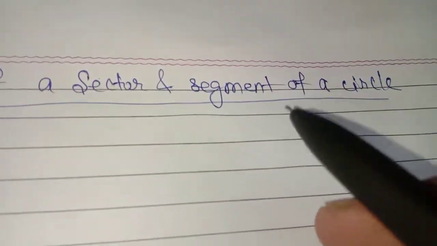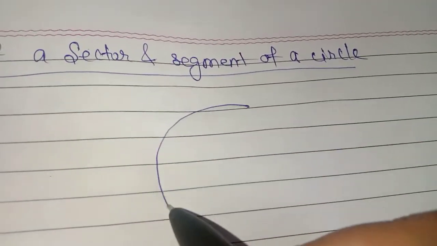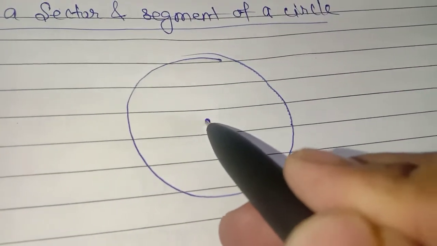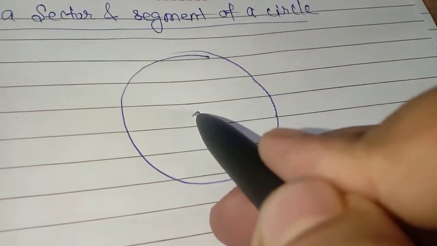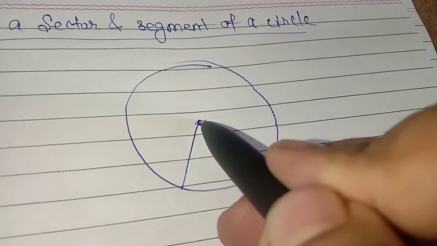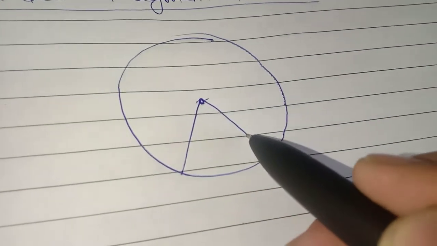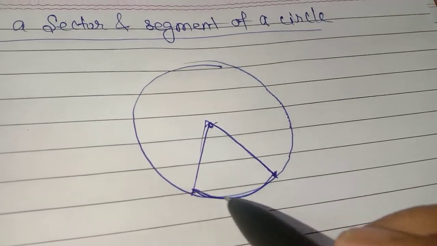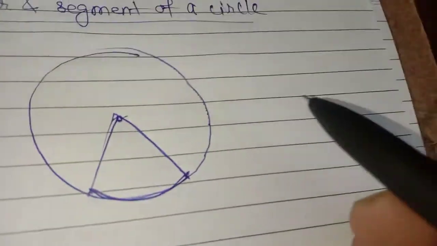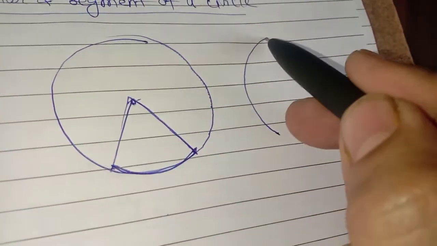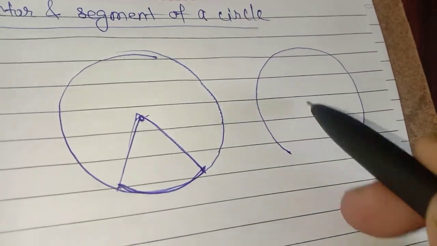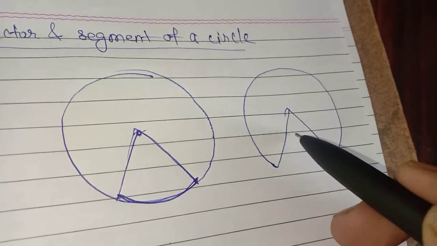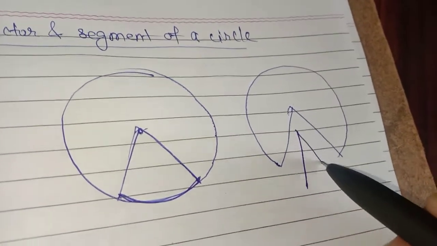That is, for a circle, if you are going for the sector, this is the center of the circle, and if I cut a little part of the circle, using the radius and one of its arcs, it will be like this. You can refer to this diagram now. See, this is the part I have cut from the circle.